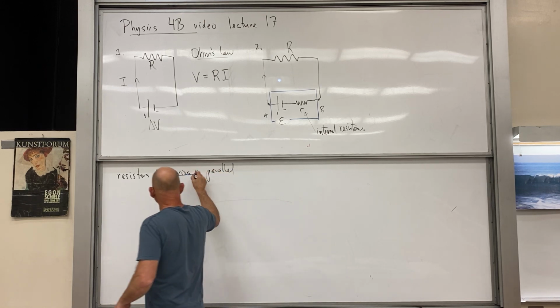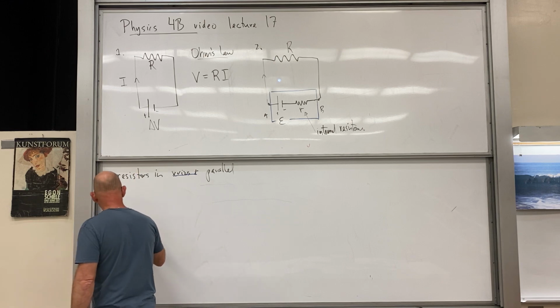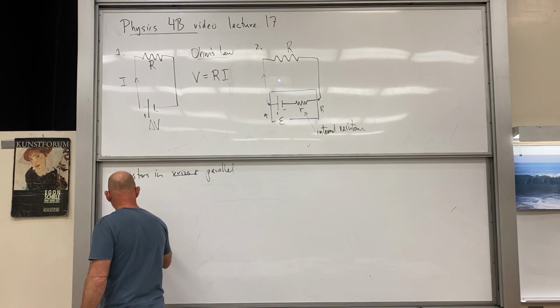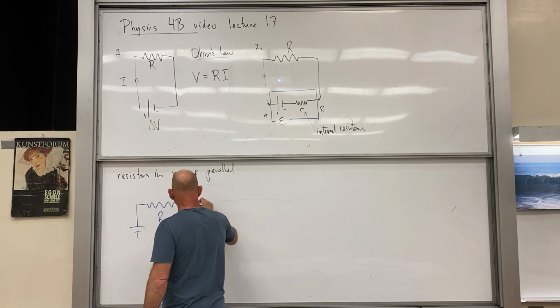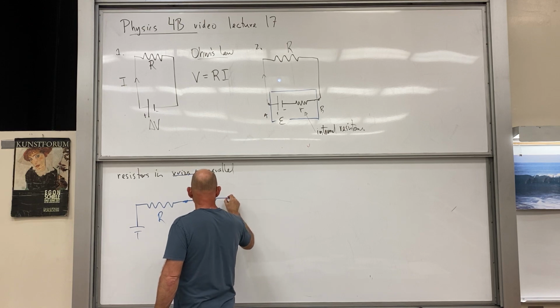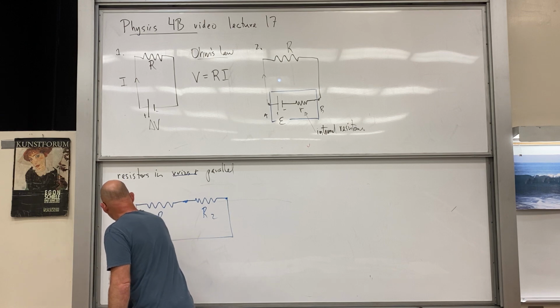We'll start with the series circuit. So we have R sub 1, and then another resistor with R sub 2, and then we'll complete our circuit here.